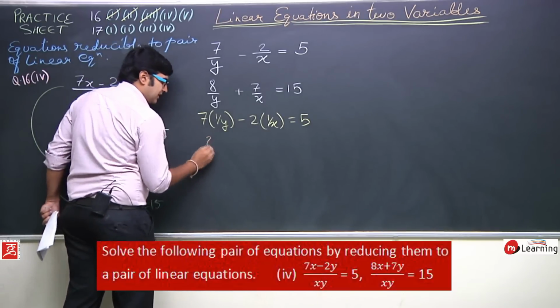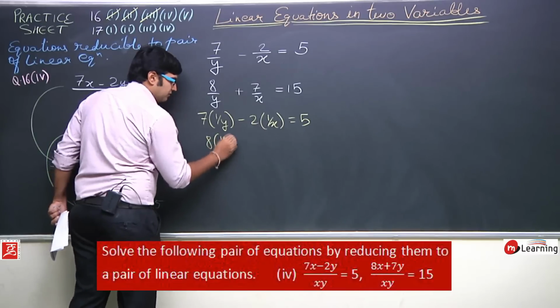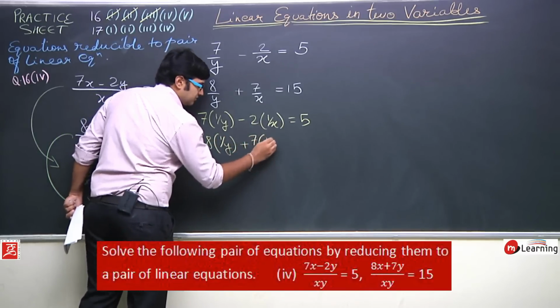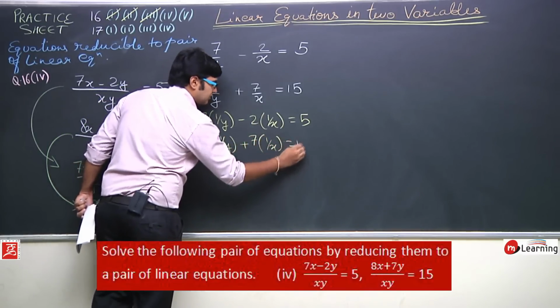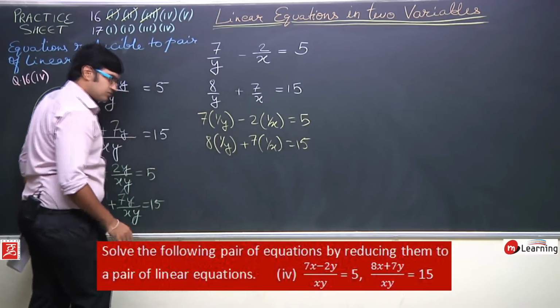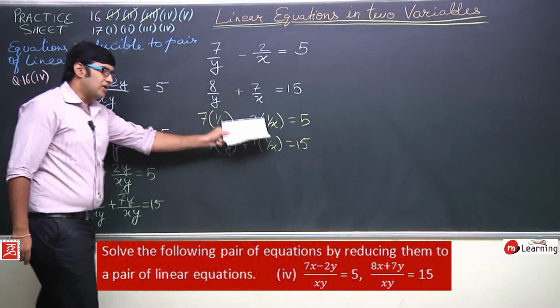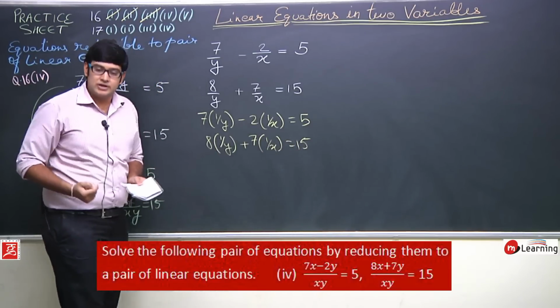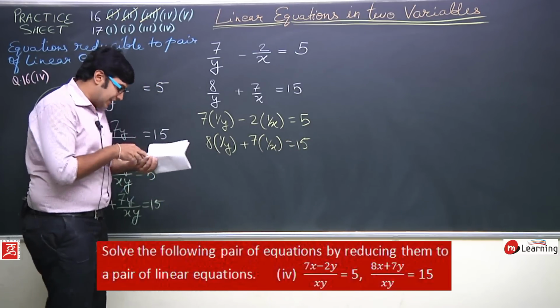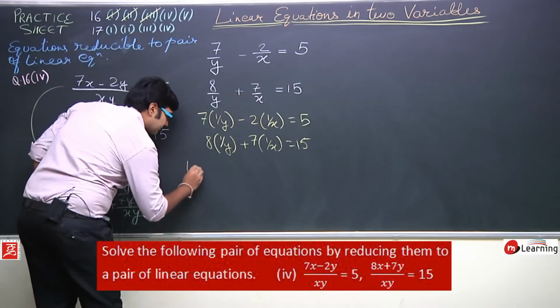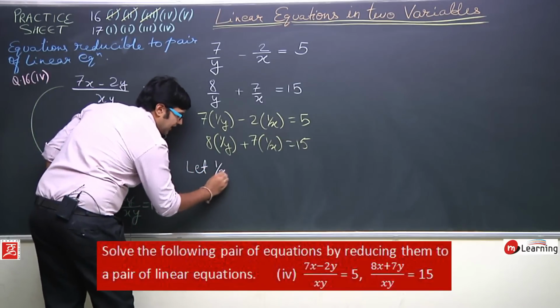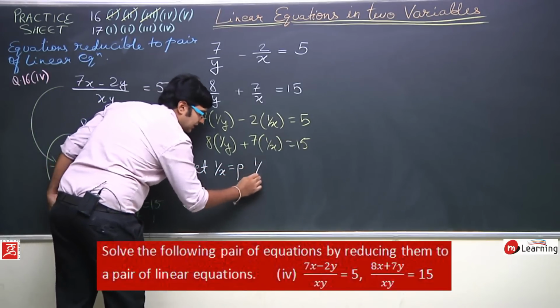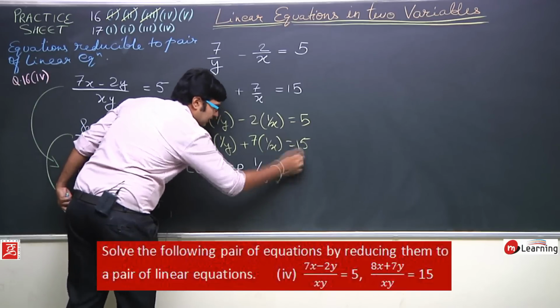Then this equation can be written as 8 times 1 upon y plus 7 times 1 upon x is equals to 15. Now 1 upon x is common in both the expressions. 1 upon y is also common in both the expressions. Hence I can say let 1 upon x को p मान लेते हैं and 1 upon y को q मान लेते हैं.